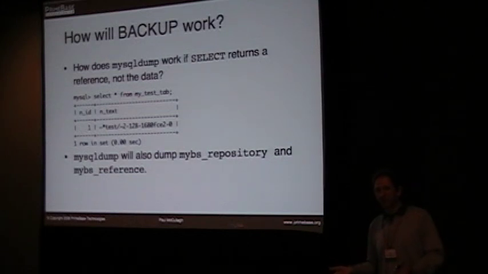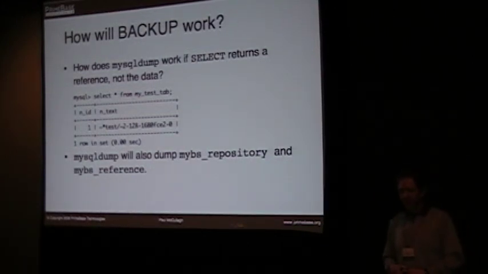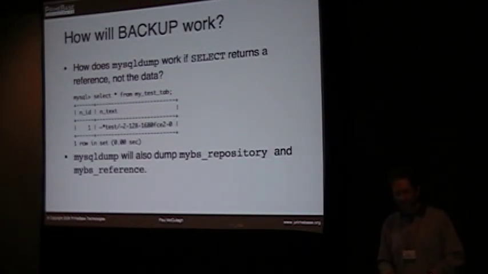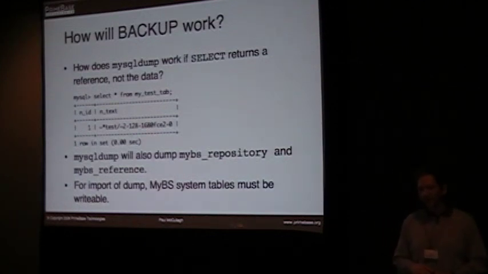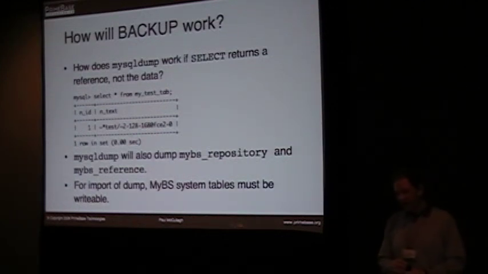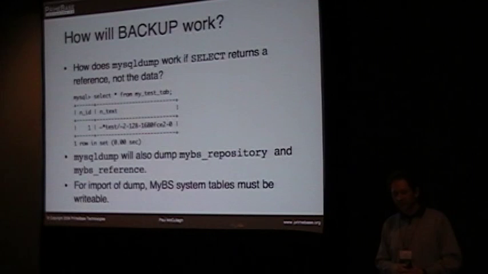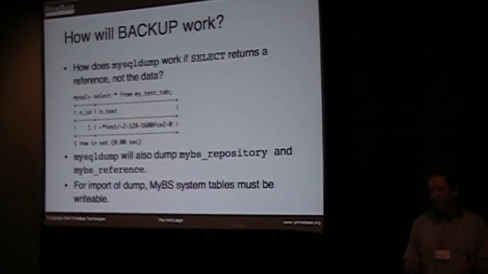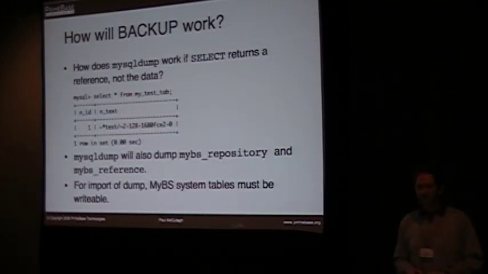So if you've got blobs in the repository that are bigger than 2 GB, then that won't work. But then there are other backup mechanisms that do. And the only thing that's missing is that to restore such a dump, the system tables will have to be writable, and this still has to be done. That would be the case when I'm actually inserting into a MyBS system table instead of using put to upload a blob to the repository.